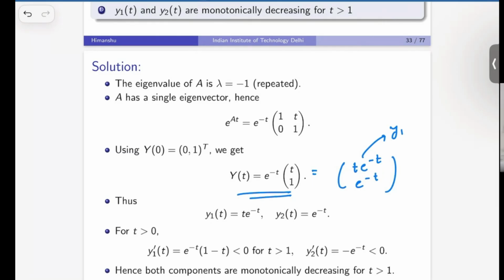Yes. So now we have to see their property. Sir, how can we check monotonically increasing or monotonically decreasing? We will differentiate y1 and differentiate y2 and see the property.